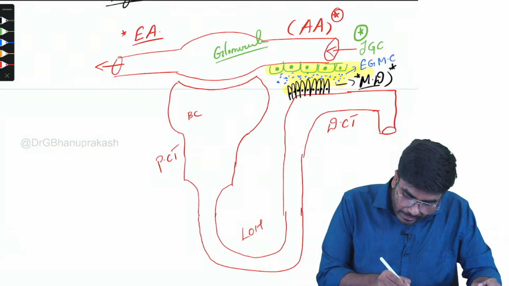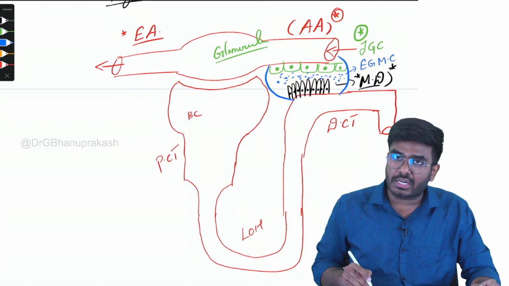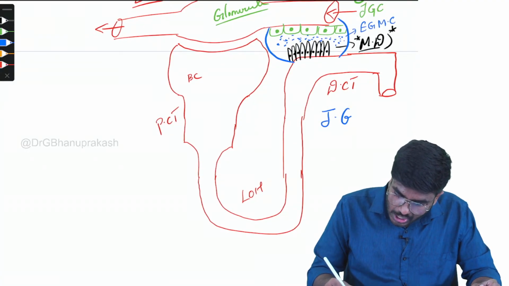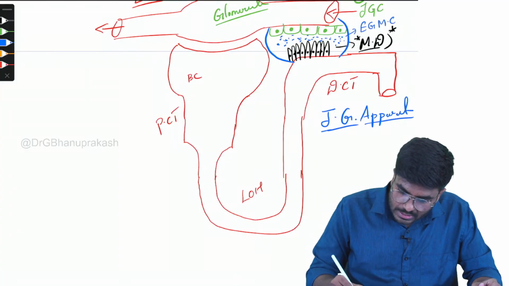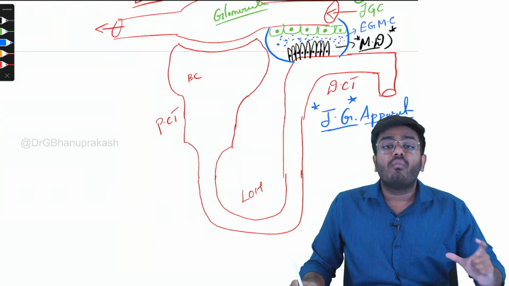Now all of them, these three of them, they are forming a structure called as JG apparatus, juxtaglomerular apparatus.